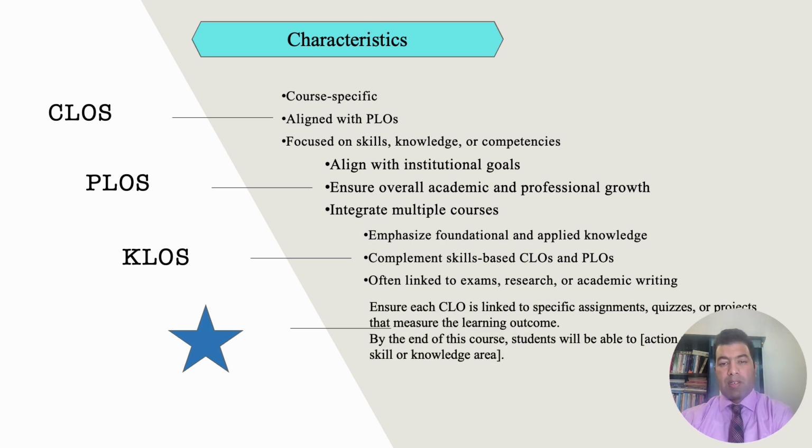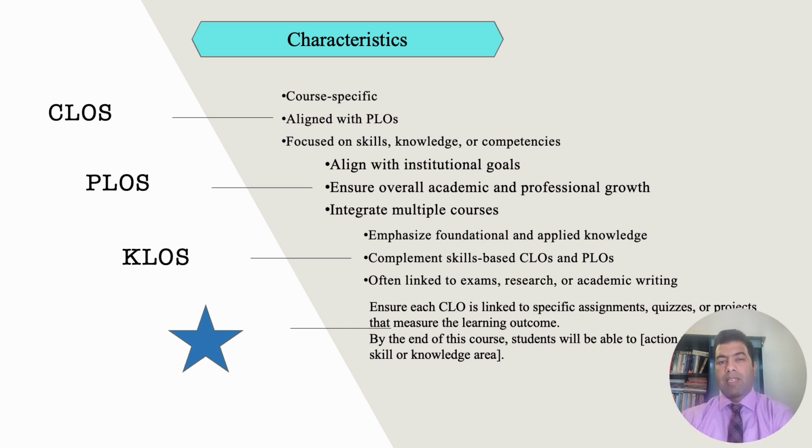for academic writing. An important thing about developing the learning outcomes is to ensure each CLO is linked to a specific assignment, quiz, or project, and measures the learning outcome. For example, if students are learning speaking skills, the CLO should be linked with a presentation.